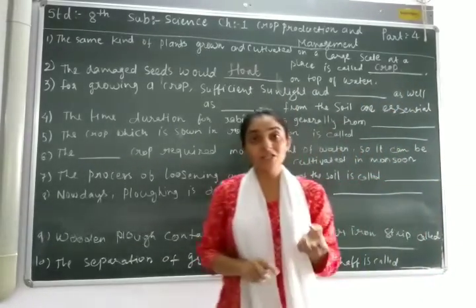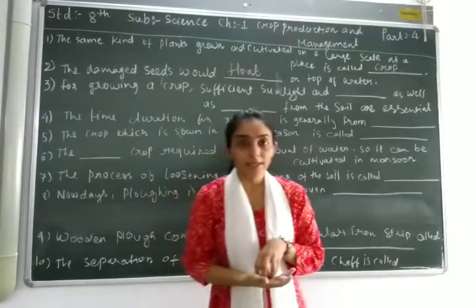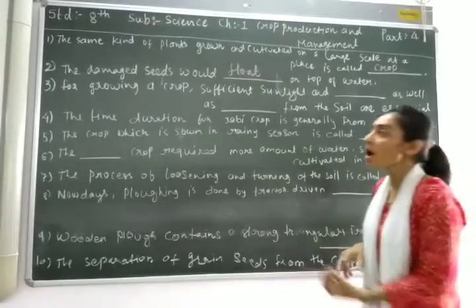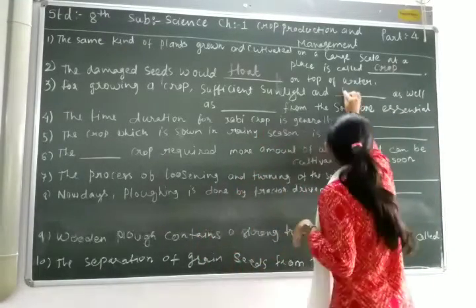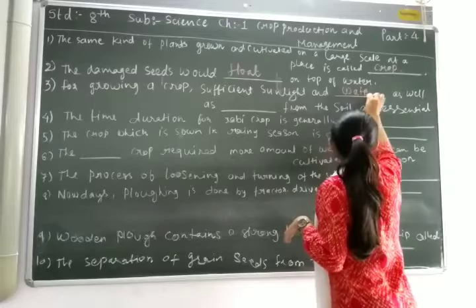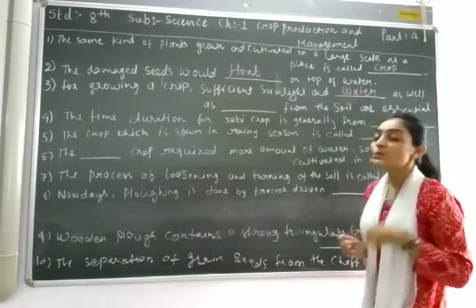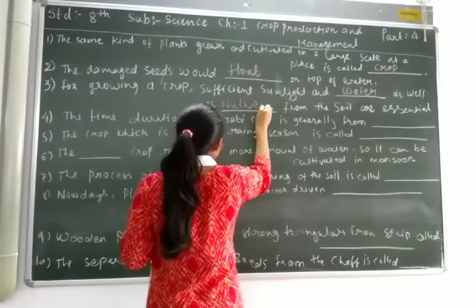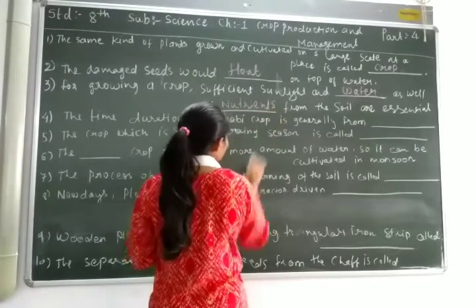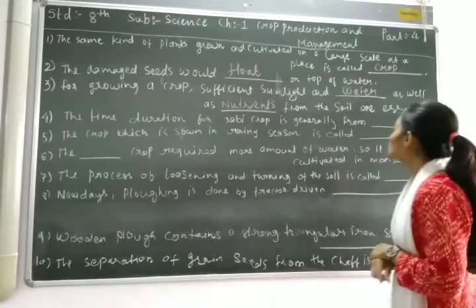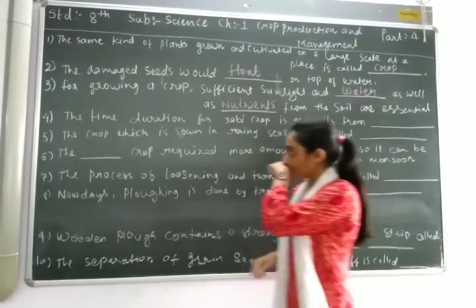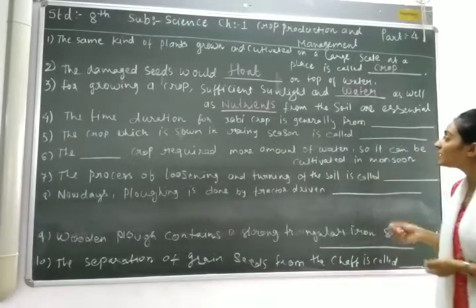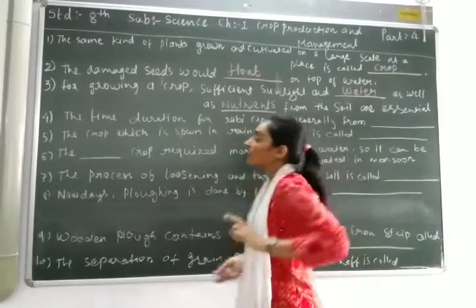If soil does not contain any nutrients, my crop will not grow. So what we require to grow a crop is water, as well as nutrients from the soil.